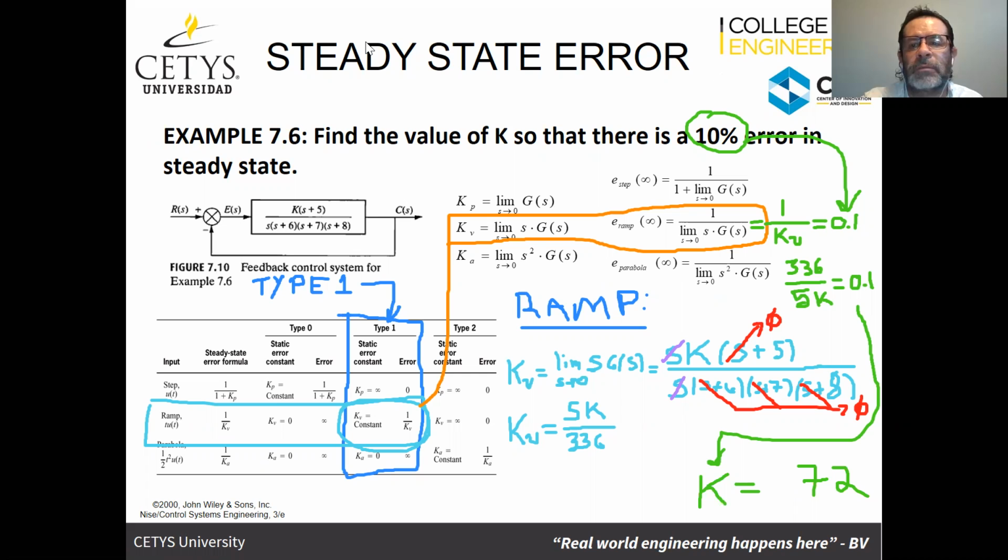It didn't make sense otherwise. So this would mean that for this system, if I wanted an error of 0.1 with regards to a ramp input, a 10% error, then the K would have to be 672.